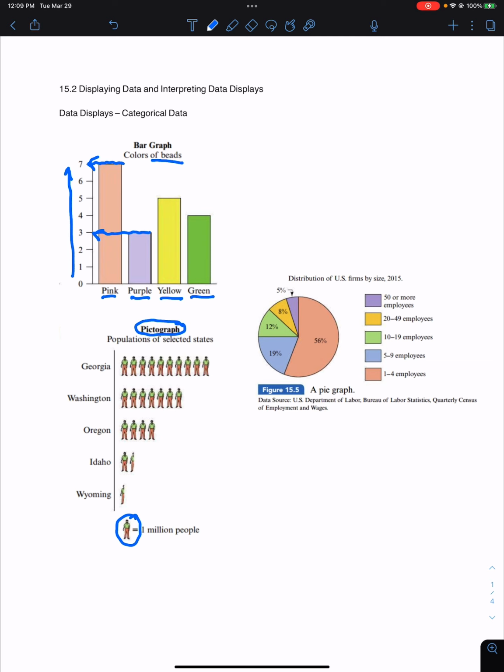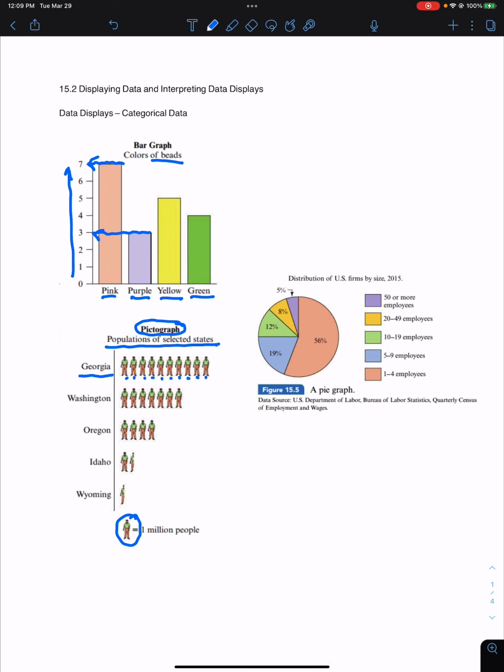And then we have different states over here. So we're talking about the populations of selected states, and each person here represents 1 million people, so we can count them. Georgia has 1, 2, 3, 4, 5, 6, 7, 8, 9, 10 million people.